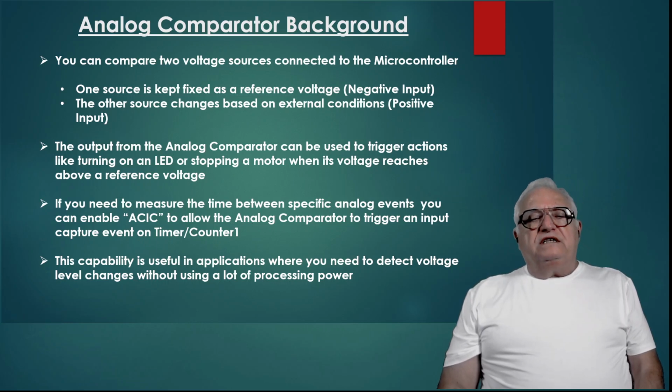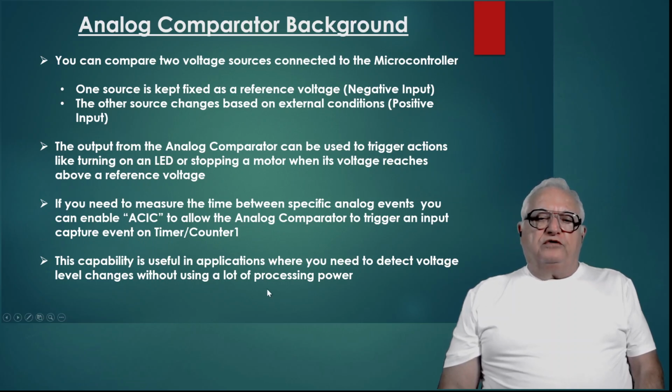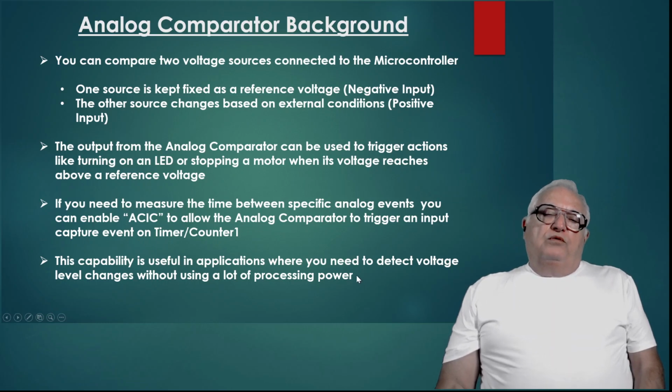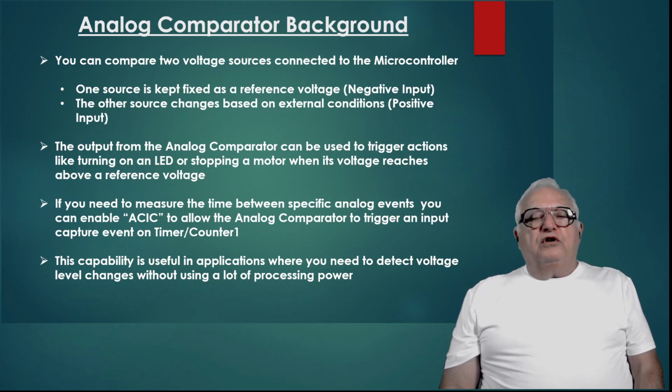Now, this capability is useful in applications where you need to detect voltage level changes without using a lot of processing power. So what this says is either you're going to set up your comparator or you're going to have your processor spend all its time polling to see if the voltage has changed.